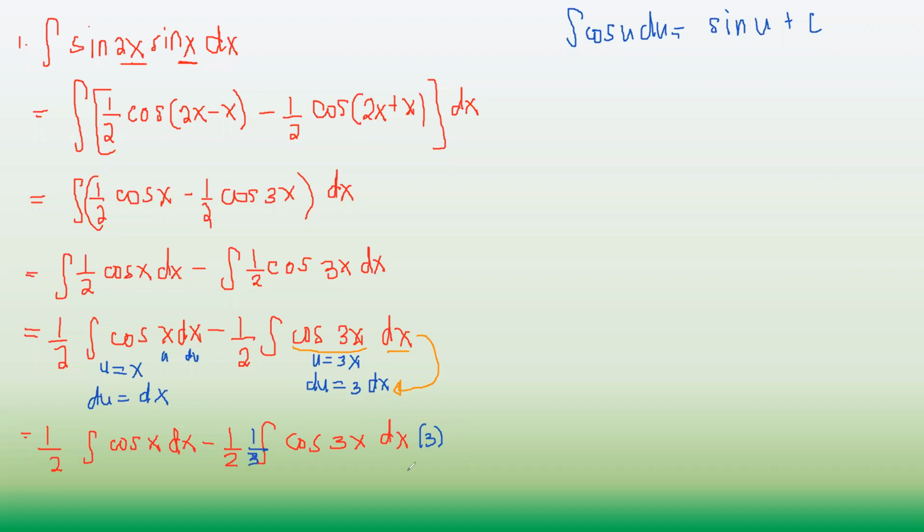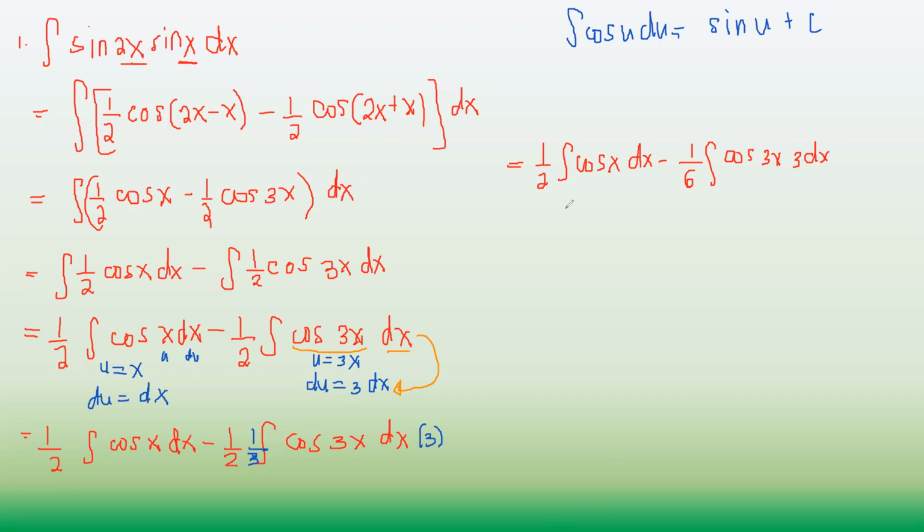Okay, let's continue. Then we will have 1/2 integral of cosine x dx minus 1/2 times 1/3. Multiply the top, 1. Multiply the bottom, 2 times 3, so we have 6. So 1/6 integral of cosine 3x 3dx.